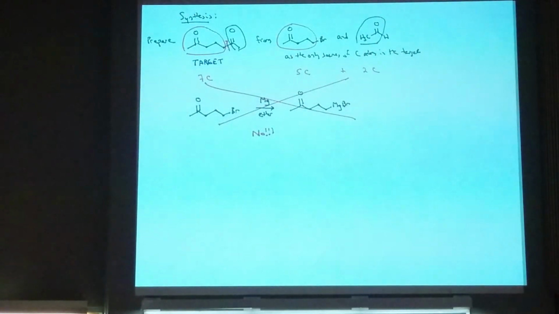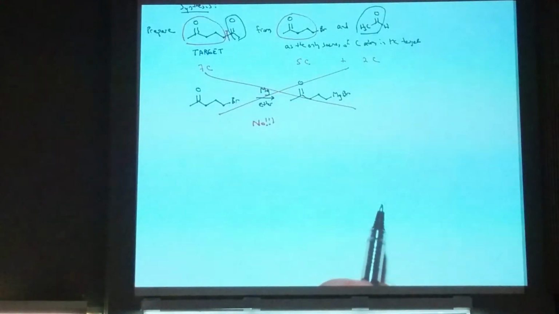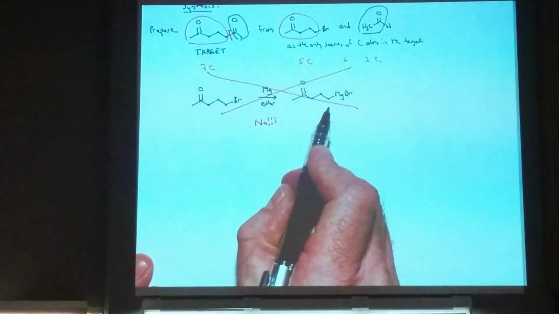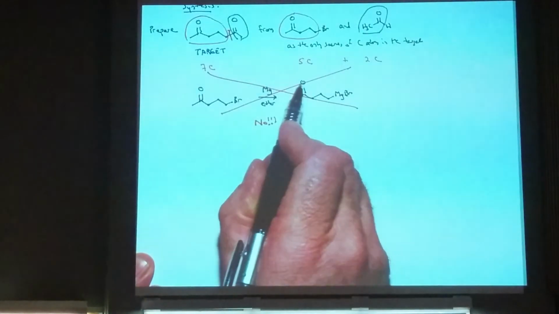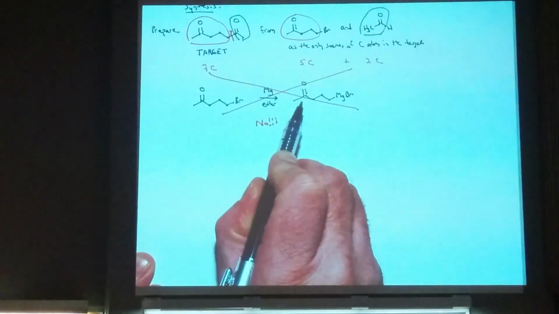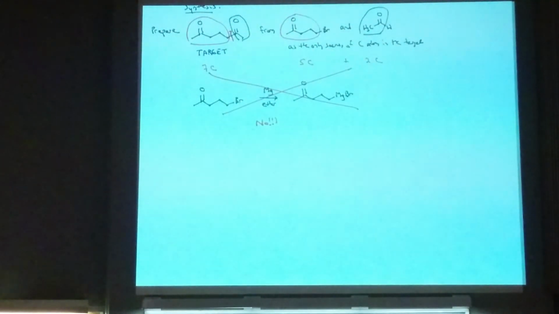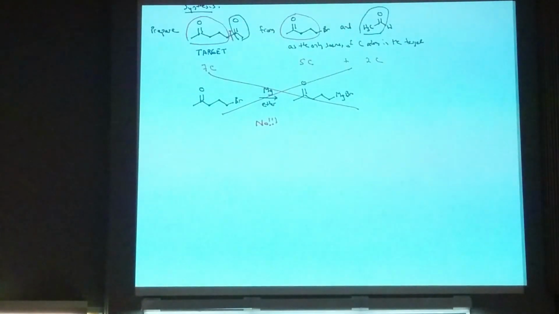There are various functionalities that are incompatible with those organometallic reagents. That goes back to test 1. This is even a test 1 reaction, really, but it's so important for aldehyde and ketone chemistry, and it's certainly going to show up on this test. You can't do it because you're not going to be able to prevent the Grignard that you just made from doing an intramolecular reaction, or you might get some polymerization taking place. It's not going to wait around until you throw in the other aldehyde.